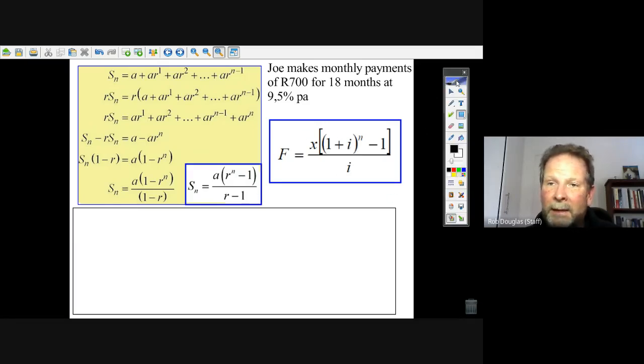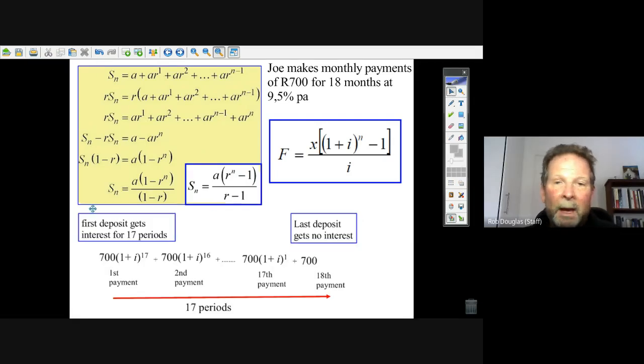Now, we can take it a little bit further. Say a person made a payment of 700 Rand for 18 months at 9.5%, and they made the first payment at the end of the first month. They go a whole month without making any payments, and then make a payment at the end of the first month.